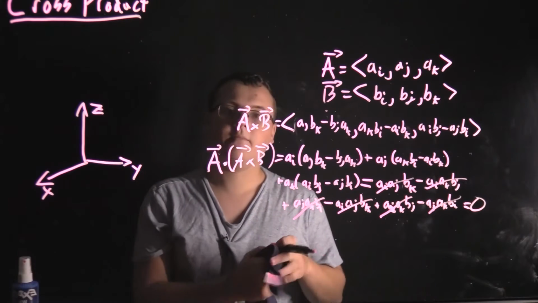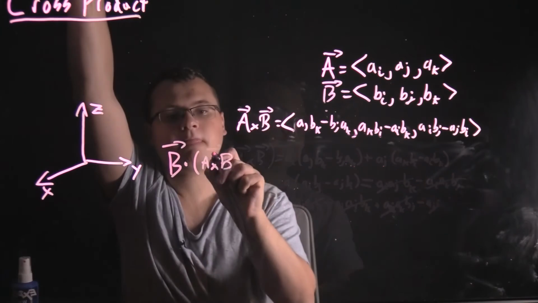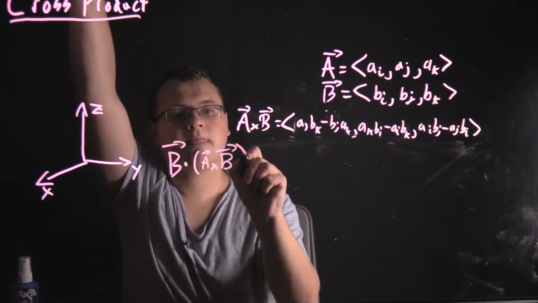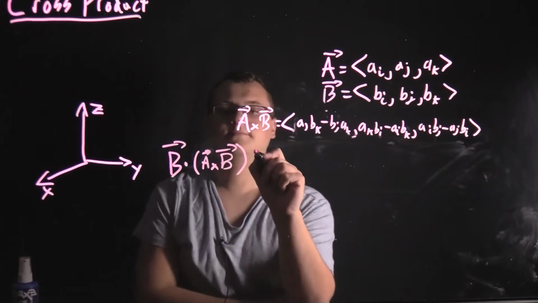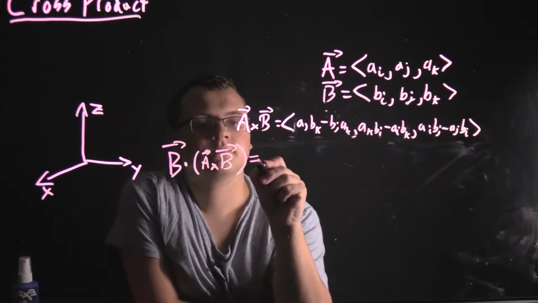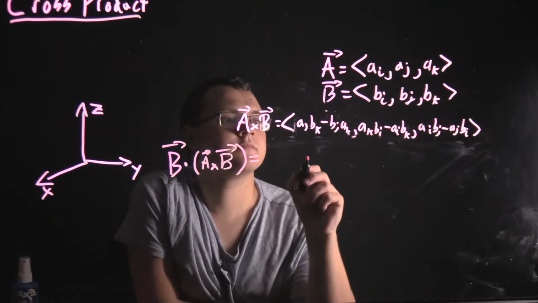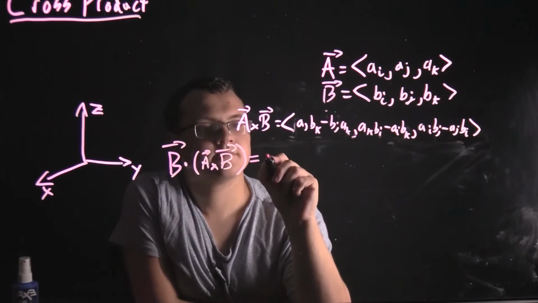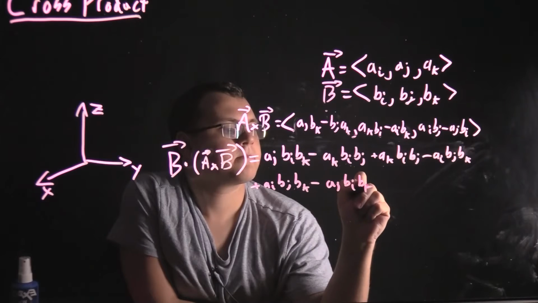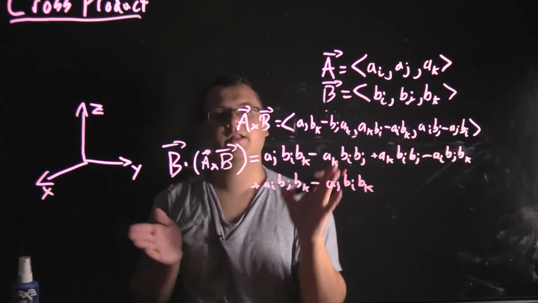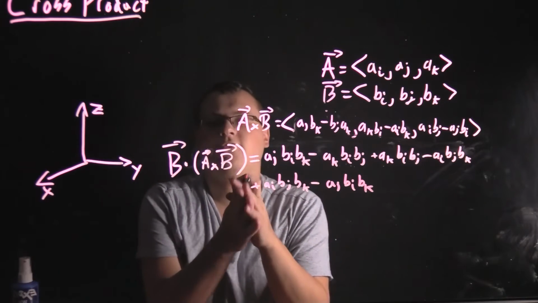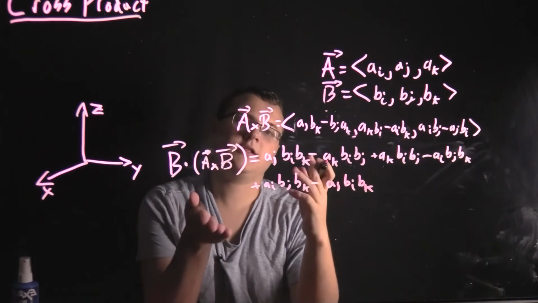Now let's take a look at it with B. Okay, so I've taken the liberty of reducing B dot A cross B, and now we're going to look at this.